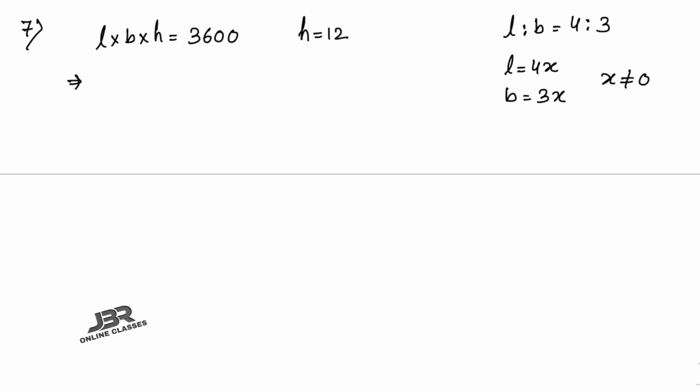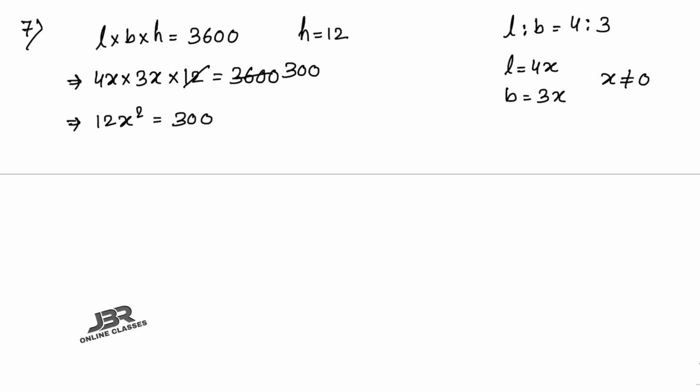So L means 4x, breadth means 3x, h means 12, so 3600. So that is 300. So 12x square equals 300. So 300 divided by 12 is 25. That means x equals 5.